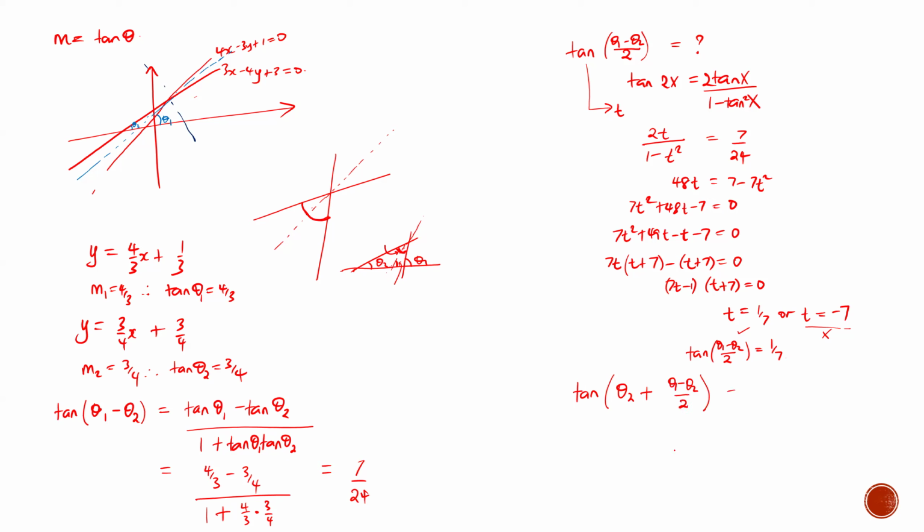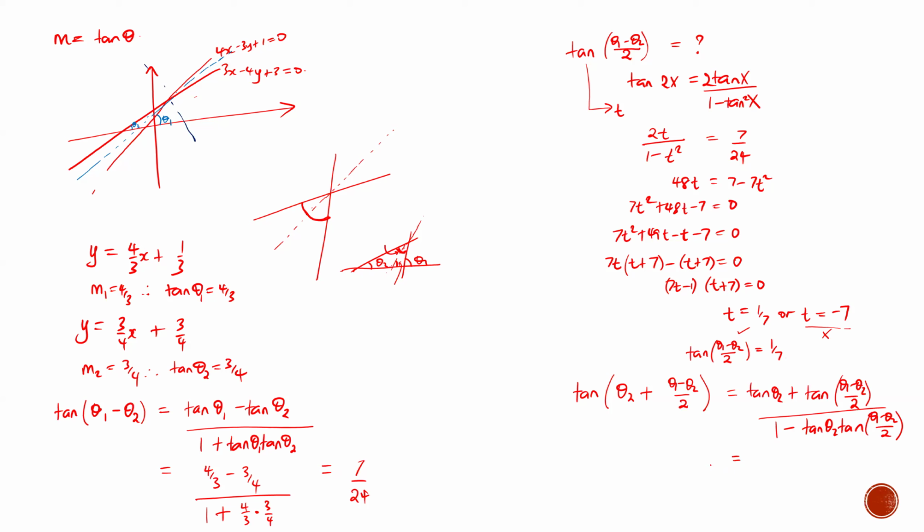Again, we're going to use trig here. It's going to be tan of theta 2 plus tan of theta 1 minus theta 2 over 2 divided by 1 minus the tan of theta 2 times the tan of theta 1 minus theta 2 over 2.